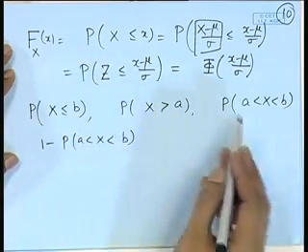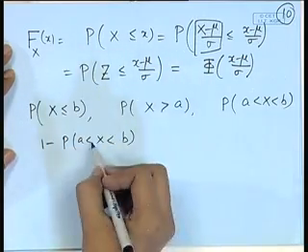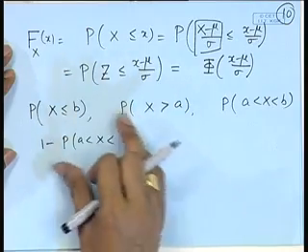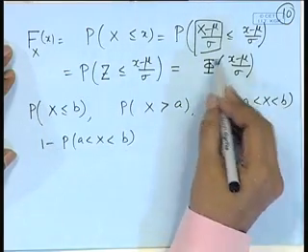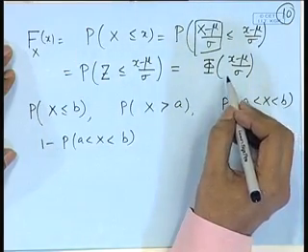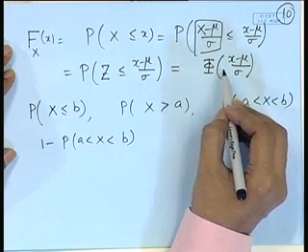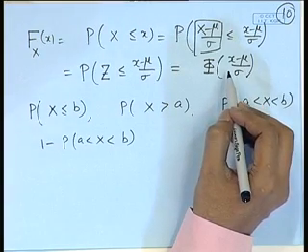So, these are some of the usual probabilities that are required in normal calculations. All of this can be evaluated using the properties of the standard normal cumulative distribution function.